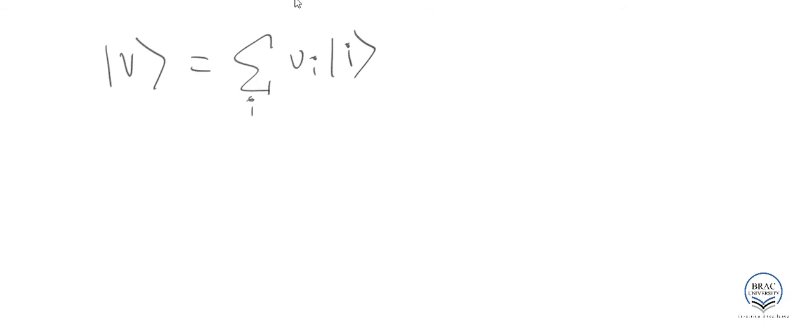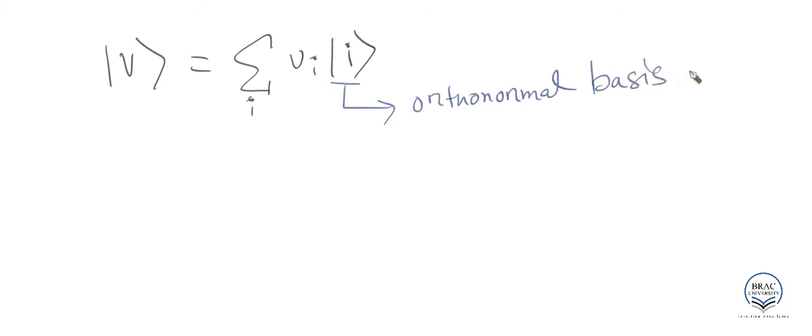But now I am calling these i's over here the orthonormal basis vectors, whichever way you like it, and the other vector as, let's say, w, and let's just change the index for the summation.